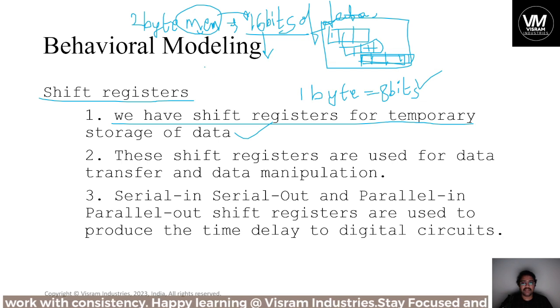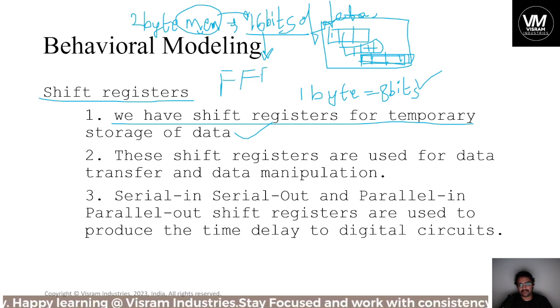That means 16 bits of data can look like F, F, and B in hexadecimal. In hexadecimal representation, F is 4-bit binary, 4-bit binary, 4-bit binary, 4-bit binary. B can be 1, 0, 1, 1.